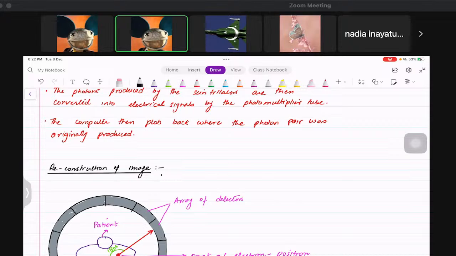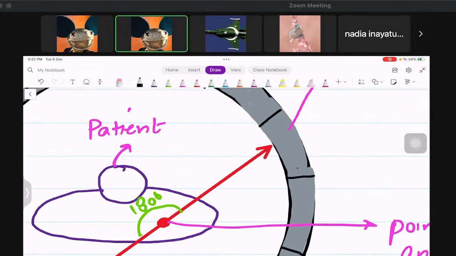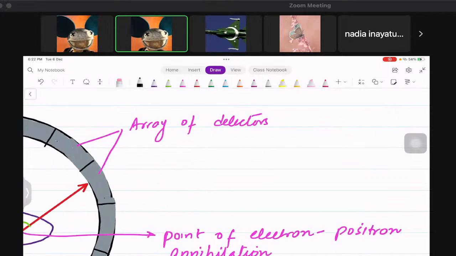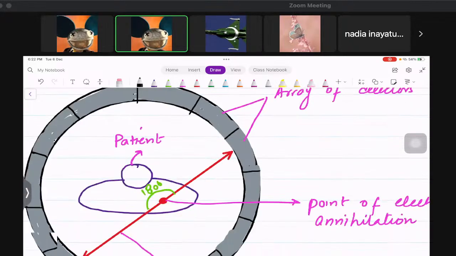Now what I want to tell you is, suppose that this is the point, the red one, of electron positron annihilation that we did first, and we learned that two photons are going to be released 180 degrees to each other. Naturally this line that they will release into is called the line of response.